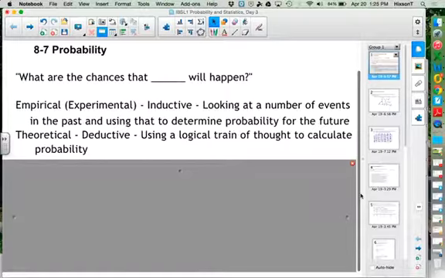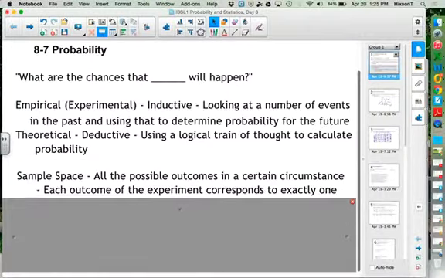And they'd compare that experimental data to the areas divided by the total area. And it was kind of interesting. But that was for our geometry class, so it was a lot more about area. But anyways, so empirical and theoretical. Empirical is inductive, theoretical is deductive, okay?